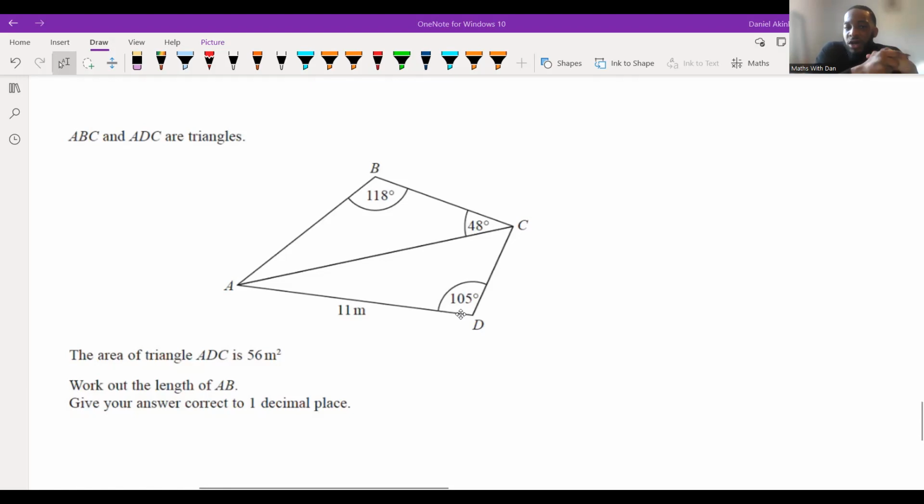Is there anybody that hasn't made a start? Is anybody completely stuck or confused? Or are we all okay? If I don't see any messages, I'm going to assume that you're all getting on okay. Everybody's made a start.